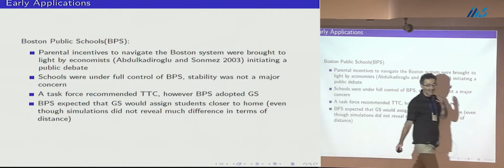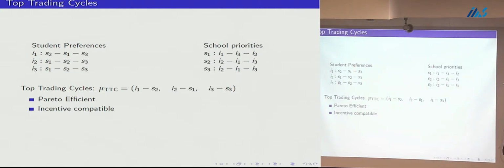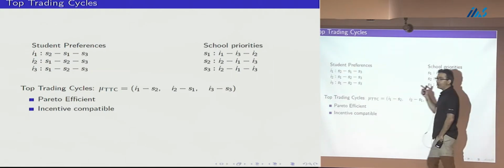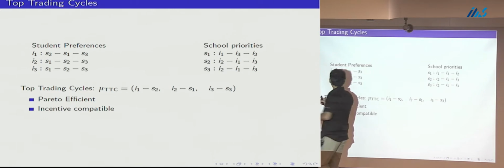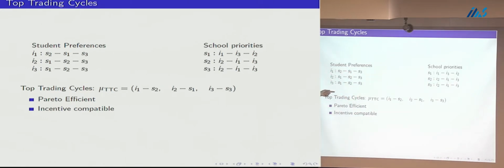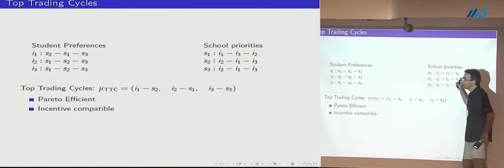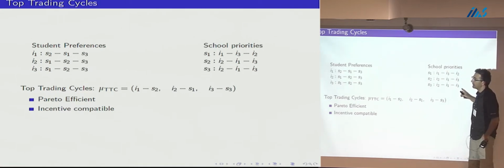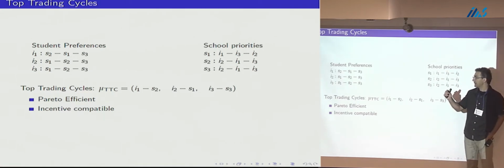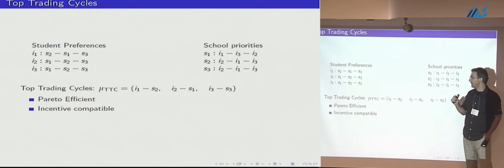Yep. That's a good question. So the question is why serial dictatorship, in which students choose in a given order, is incentive compatible, but the old Boston mechanism, in which students also kind of choose in an order, does not work. The reason is the Boston mechanism uses priorities to break ties, and serial dictatorship does not.